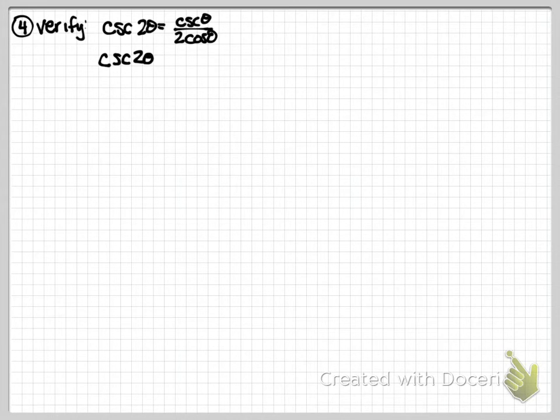Cosecant is the reciprocal of sine, so we are actually looking for 1 over sine of 2 theta. So let's keep that in mind. So cosecant could be written as 1 over sine divided by 2 times the cosine of theta.